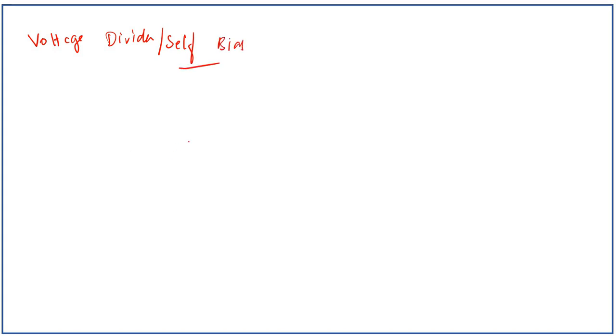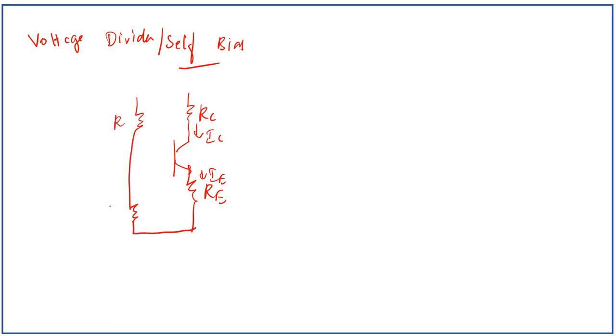It is done by the voltage divider resistances. So this is RE, collector resistance RC, collector current IC, emitter current IE, and here we have the voltage divider resistances R1 and R2. So this is the base voltage VB, and VCC is here.